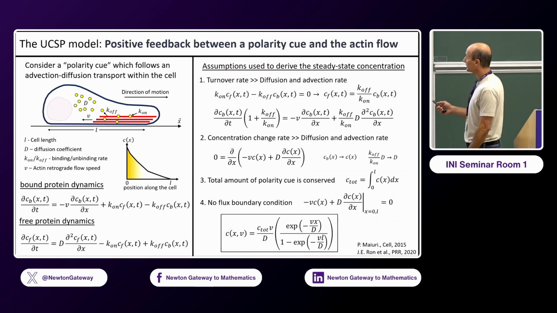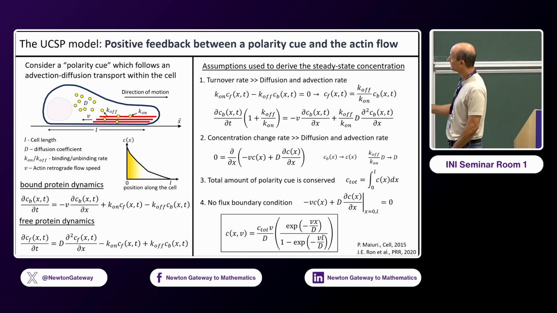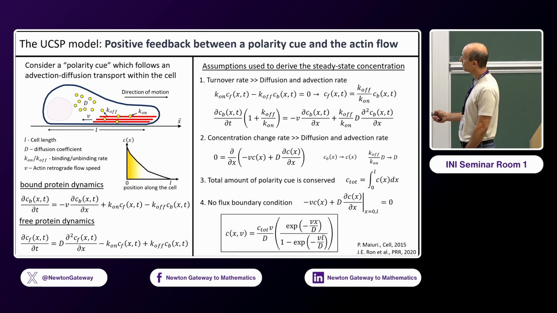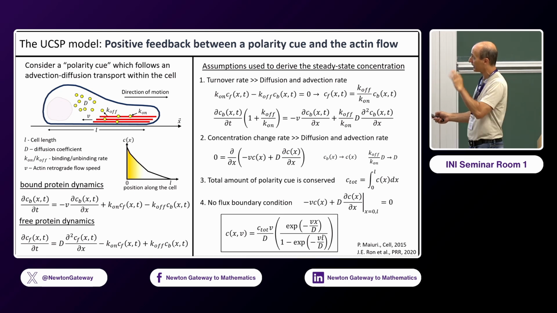Okay. So the idea of the model is captured in this cartoon. So the idea is that if you break the symmetry of the cell by some mechanism, you can sustain it by the following mechanism. If you polymerize those filaments in the front and they flow towards the back within the cell frame, you can think of some molecule, which we don't specify yet what it is, that can bind and unbind from this moving conveyor belt of polymers.